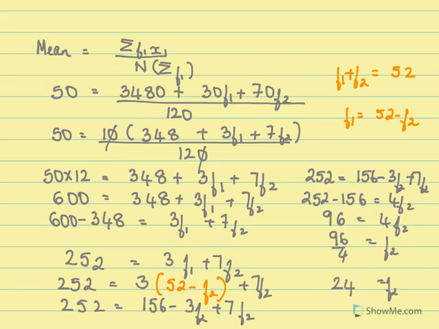Now to find F1, we put in the equation F1 plus F2 equal to 52. We know F2 is 24, so I put F1 plus 24 equal to 52, and then you'll find the value of F1.